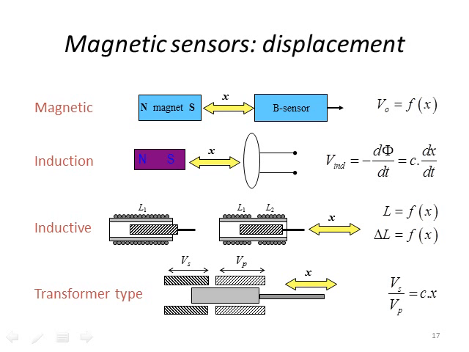We have an induction type of sensor where we have a loop and we measure the induction voltage, or the voltage induced on the loop. And in this case, this voltage induced is dependent on how the magnetic flux changes with time.